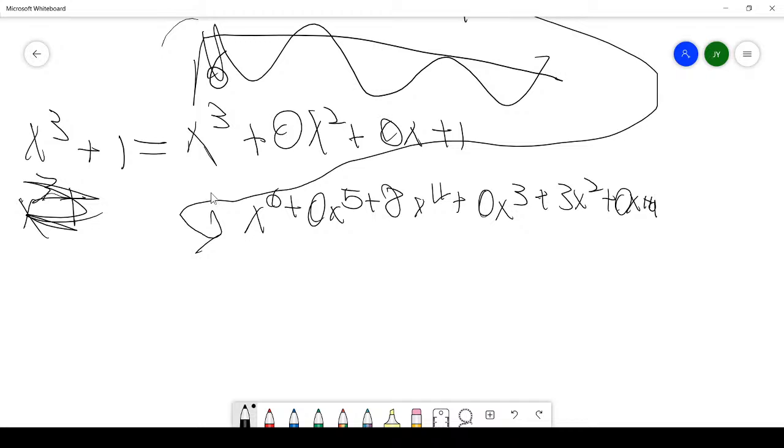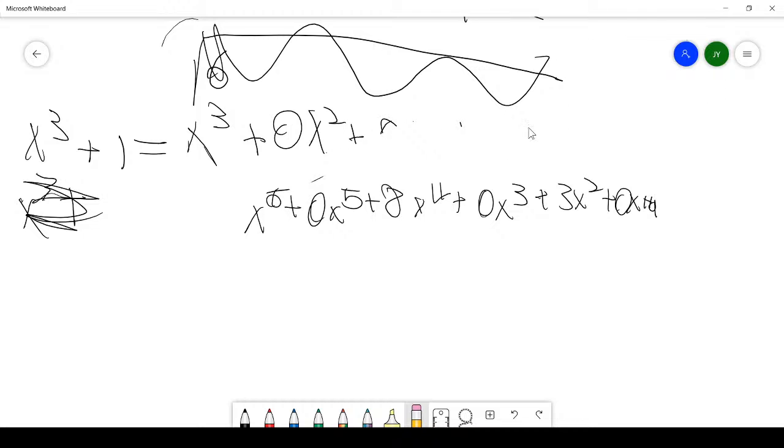So, erasing some of this. Let's try to fit x to the third inside of here. If you divide x to the fifth by x to the third, the most obvious thing that comes to mind is x squared.